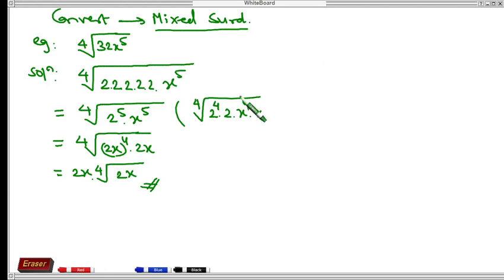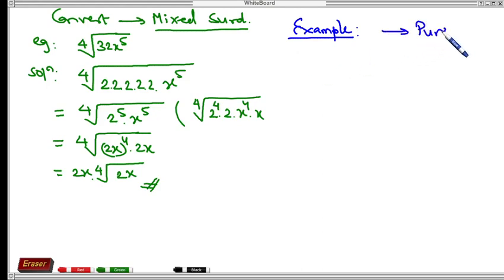Now next example, dear students, let's move to the next example. Convert mixed surd into pure surd. Here we have to convert into pure surd, which means we will be given a mixed surd.